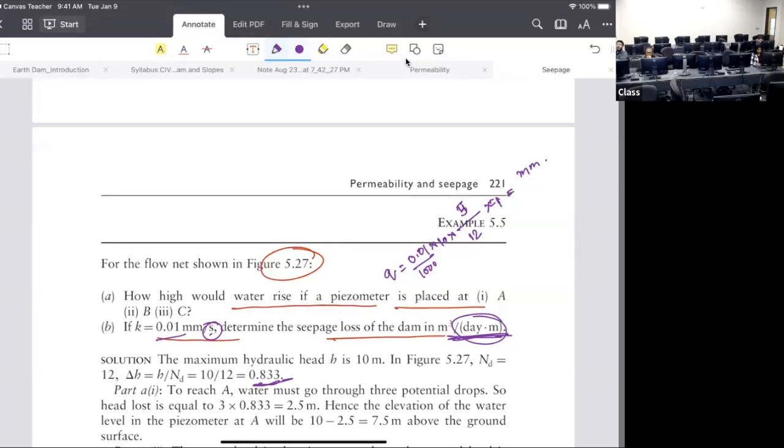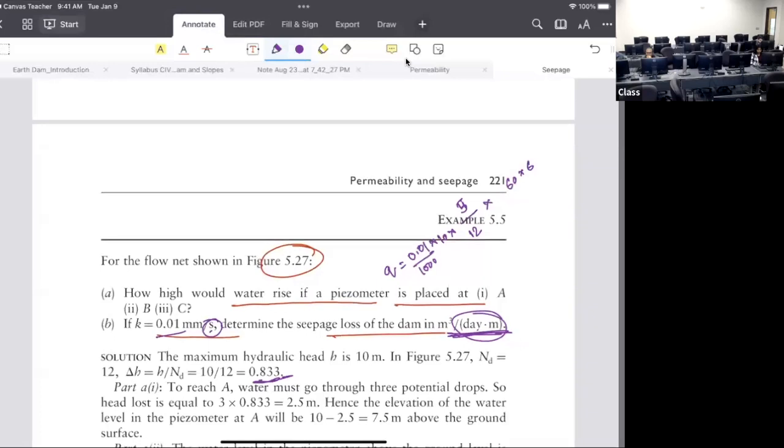To convert it per day, what we have to do? Multiply by seconds. One by second, so this number goes up, right? So everything goes up. 60 seconds is a minute, an hour, into 24, right?